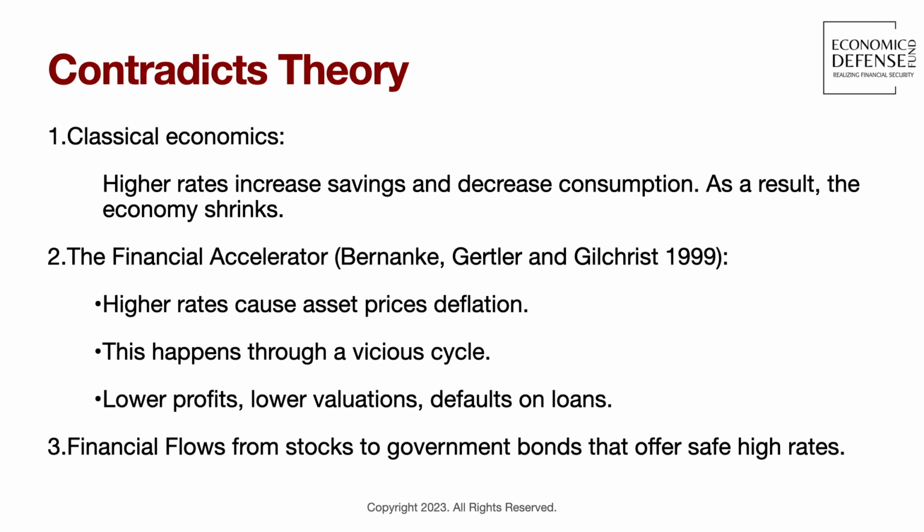We have the classical economic theory, which predicts that higher rates would increase savings and decrease consumption. And as a result, the economy shrinks in the short term. In addition, we have the Financial Decelerator model by Bernanke, Gertler, and Gilchrist. And that model predicts that higher rates would cause asset price deflation through a vicious cycle, bringing profits down and with them valuations, then defaults on loans, and so forth.